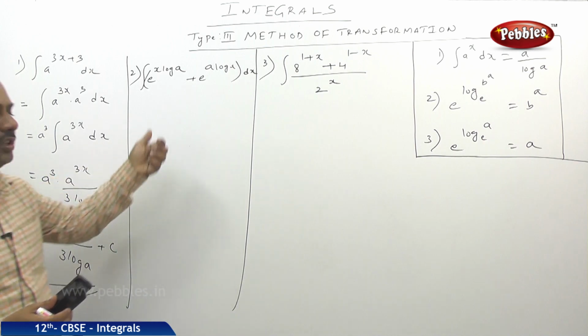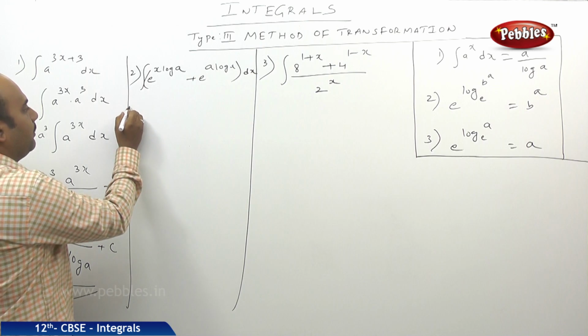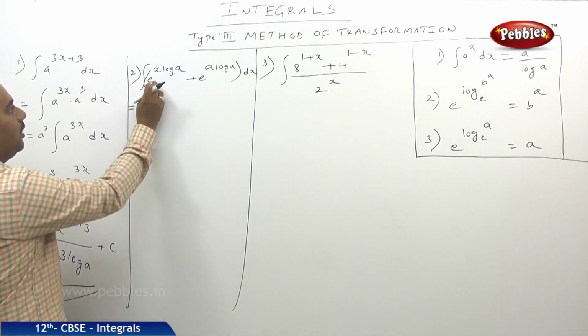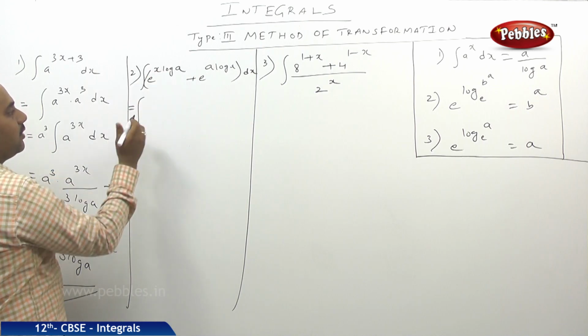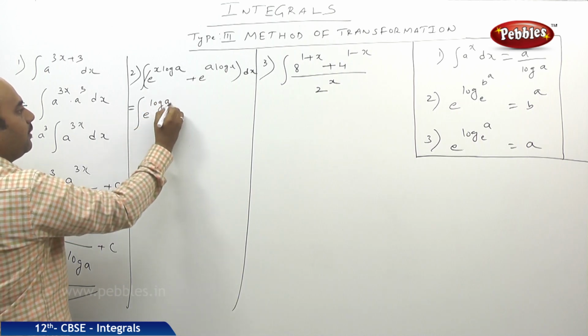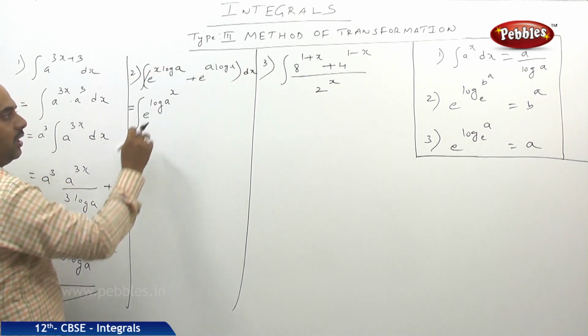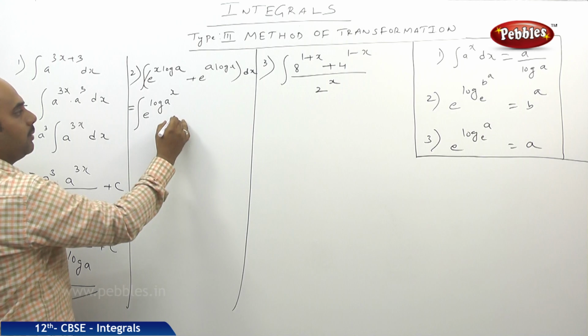Now I shall go for a little bit of application of the next level. When coming to this particular thing, e power x log a is given. So this I can write as, for my convenience, e power log a to the power x, because x goes to that side. So e power log a power x.